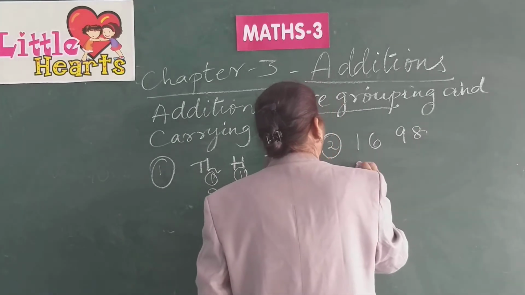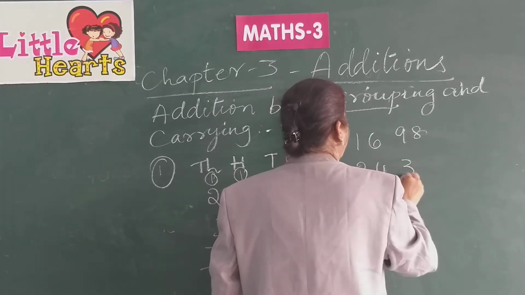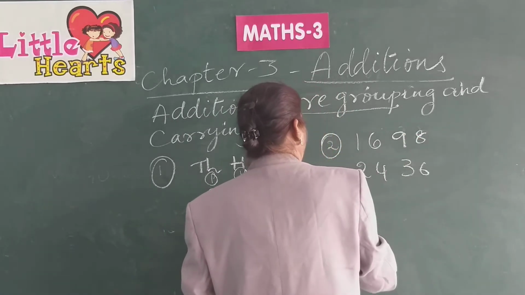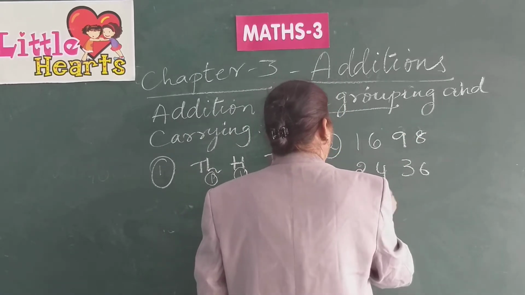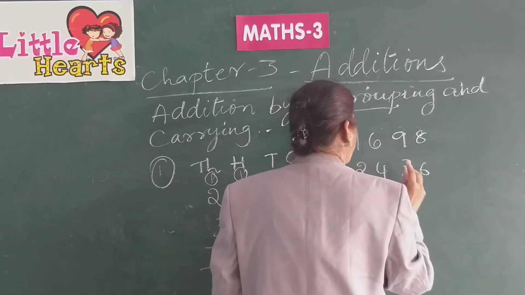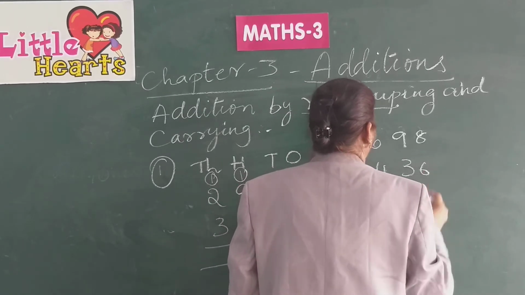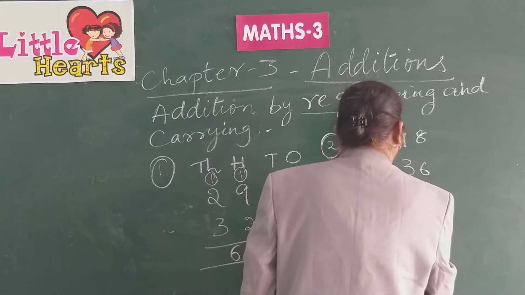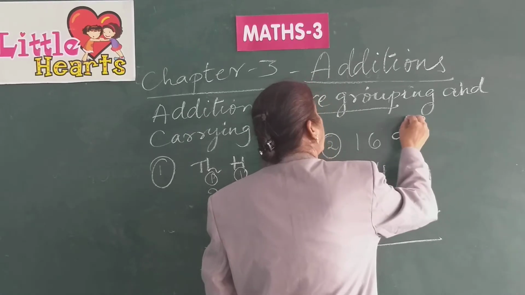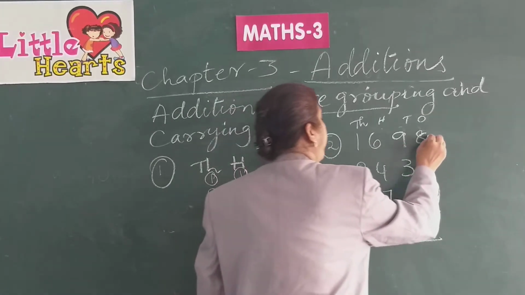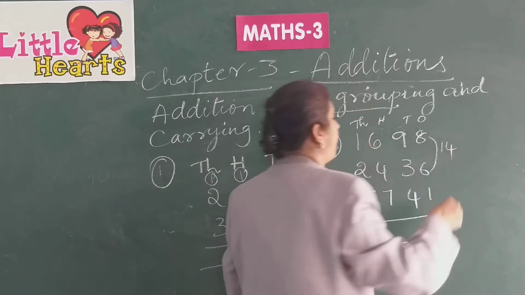1698, 2436, 5741. Ones, tens, hundreds, thousands. 8 plus 6 is 14.